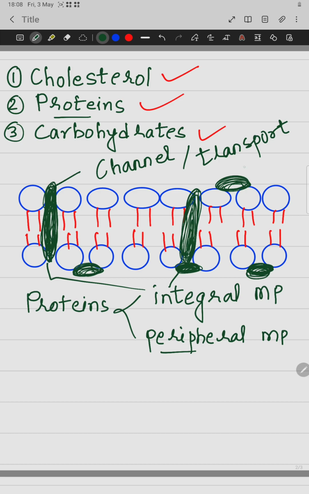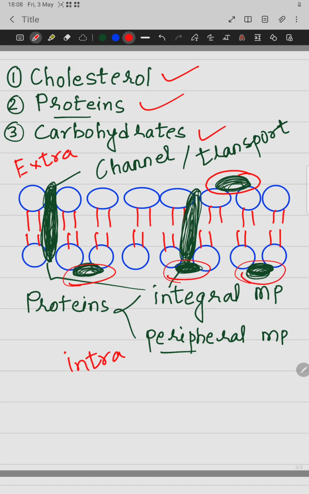So suppose this is the extracellular fluid. So this peripheral protein could also be found in the extracellular side or in the intracellular side. So these are the peripheral proteins in the intracellular side.